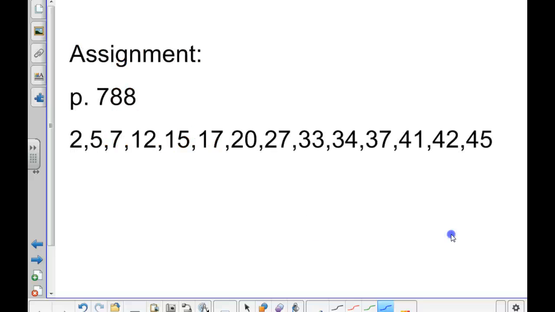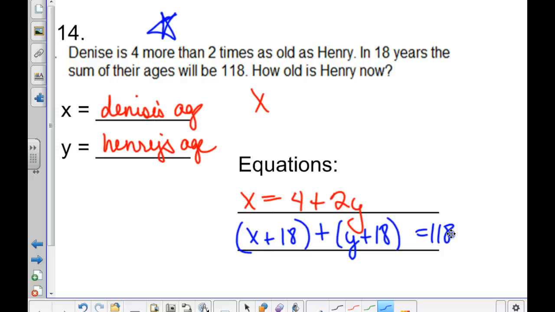All right. This is the assignment. I'm not going to solve that problem. You can solve it if you want. Actually, what does it ask? How old? It only asks how old Henry is. Did anybody figure it out?